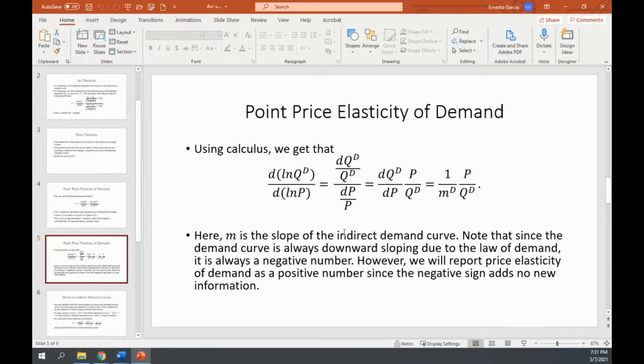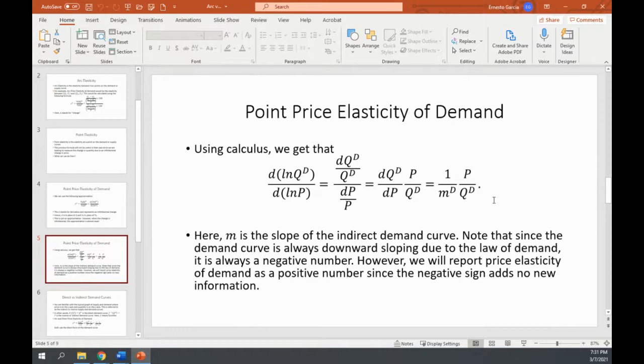This is equal to this expression here: the differential of QD over QD, and the differential of P over P. This is essentially using the chain rule and some other rules in calculus to take derivatives. Again, don't focus too much on the details. You just know that this is how you come to the final answer. We just use some algebra to clean up this expression, and we will see that this is equal to this.